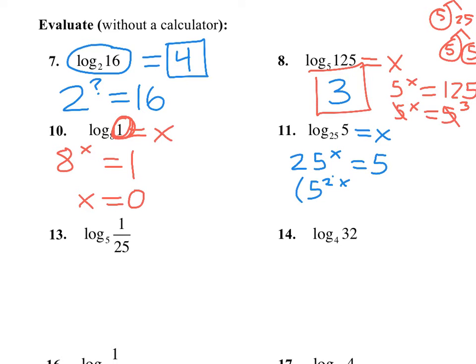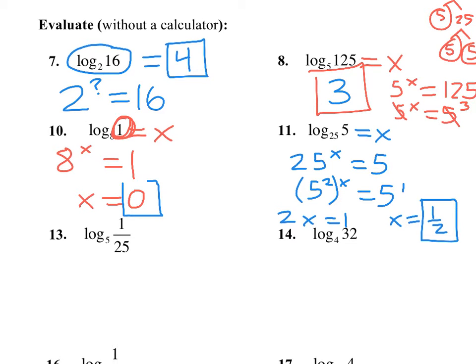I can put parentheses here if I want to. This is 5 to the first. So going back to 7.2, we get rid of the bases. We get 2x equals 1, so x equals 1/2. I'm only going to box the 1/2 because there was no x in the problem. Going back to number 10, 0 is the answer.